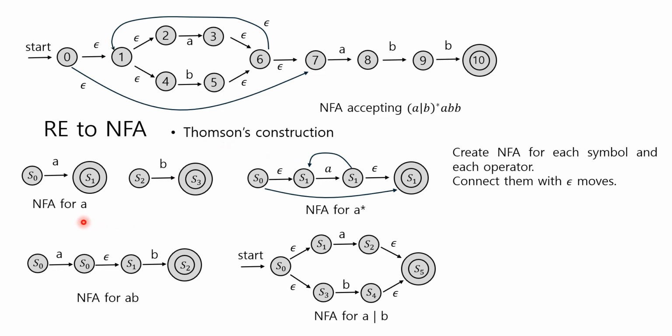So if we have symbols A and B, we create a non-deterministic finite automaton for symbols A and B: state 0, state 1 with start state and final state, the NFA for A, and this one shows the NFA for B, and the NFA for A Kleene closure.